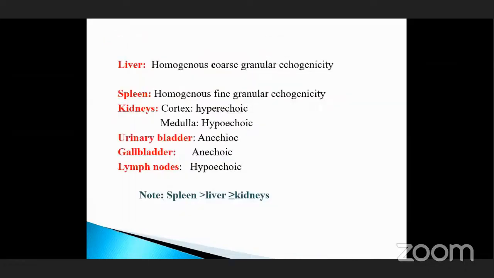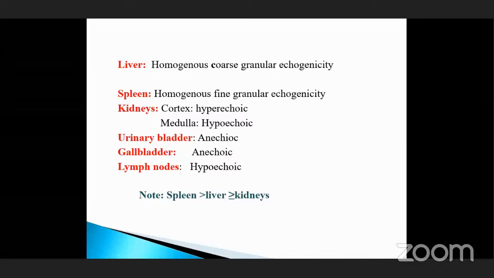Now, in general, in ultrasonography, liver has homogeneous coarse granular echogenicity. Spleen has homogeneous fine granular echogenicity. In kidneys, cortex is hyperechoic than medulla. Urinary bladder is seen anechoic. Gallbladder is seen anechoic in the liver, and lymph nodes are hypoechoic than the surrounding tissues.